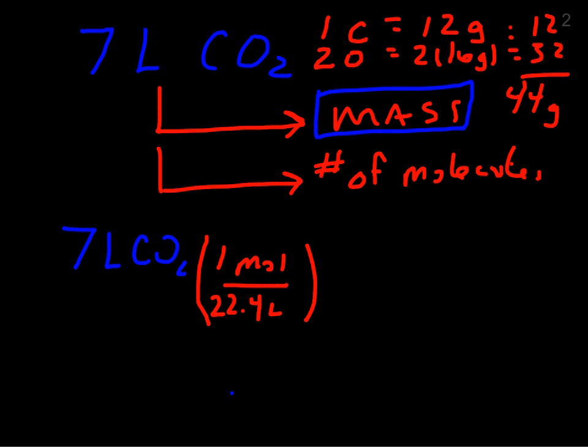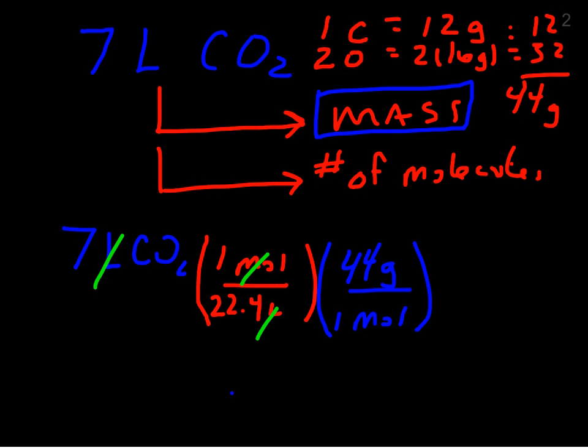Now after that, the liters are going to cancel out. I'm now in moles. Once I'm in moles, it's not a big deal to go to the mass, because I know that the gram formula mass of carbon dioxide is 44 grams for every 1 mole.